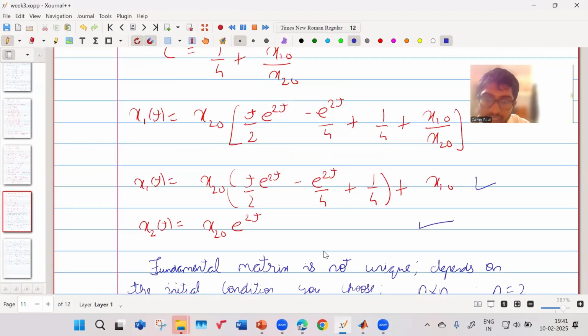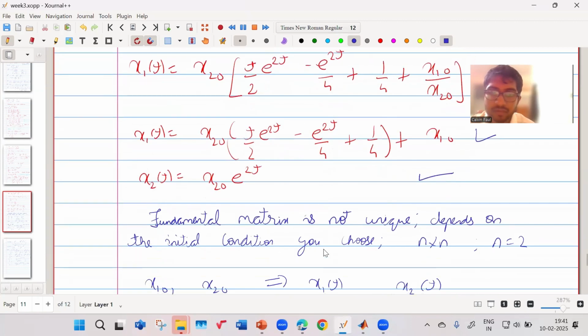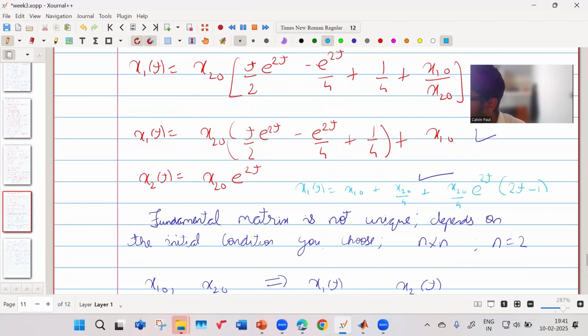So here I can write x1 of t as x10 plus x20 by 4 plus x20 by 4 into e to the power 2t into 2t minus 1.